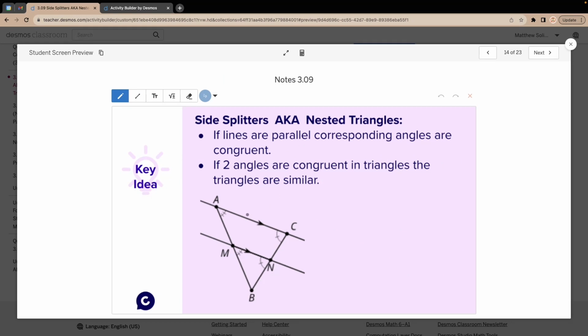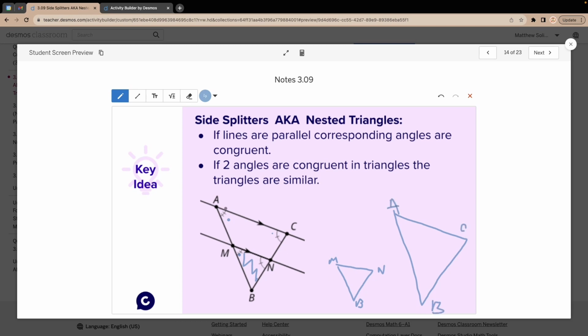So if lines are parallel, the corresponding angles are congruent. So there are two similar triangles. Now there's that little triangle that everyone can see, MNB. That one's easy for people to see. And then the other triangle is the whole thing, ACB.